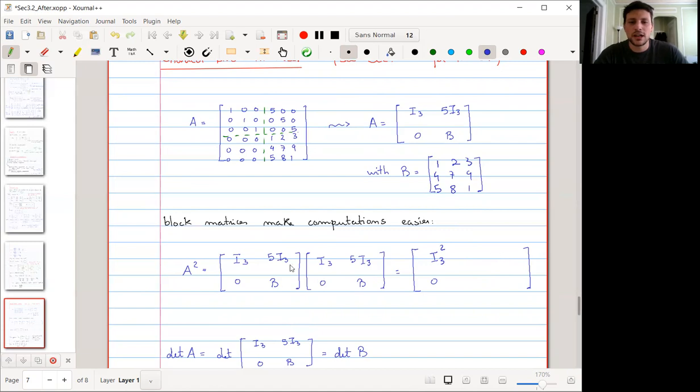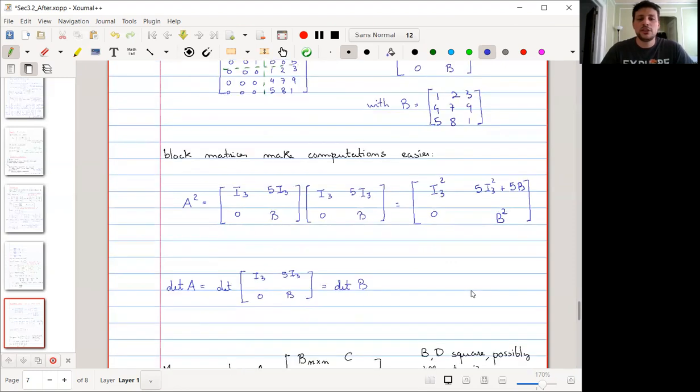For the second entry here, I would have I times 5I plus 5I times B. So I would get 5 identity squared plus 5B, because the identity times B is just B. And down here, I would just get 0 times 5I plus B times B. It's B squared. So we would reduce the computation of computing the square of A to computing the square of B, which is a 3 by 3 instead of a 6 by 6.